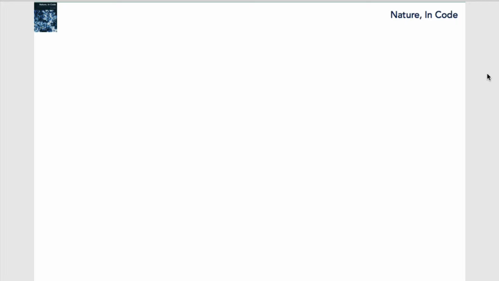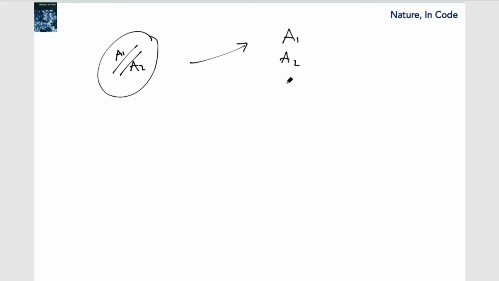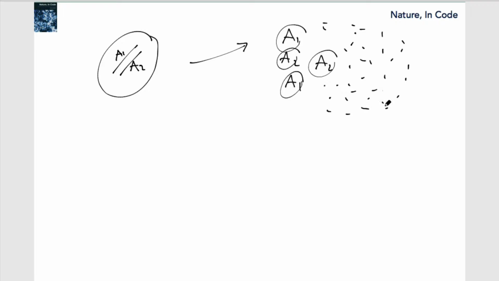Most of the models we've looked at so far looked at a very simple world of diploid individuals that at a specific locus in the genome had two versions of the gene, two alleles, either A1 or A2, and individuals would produce infinitely many gametes, so A1 or A2 copies of the allele, and they would produce infinitely many copies of those, so we would have an infinitely sized gamete pool.